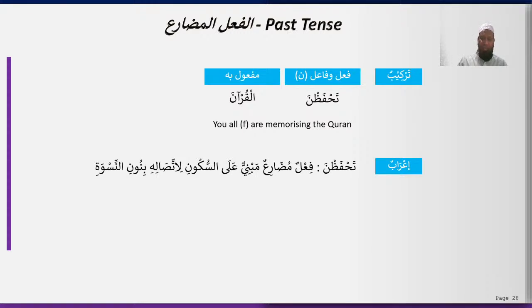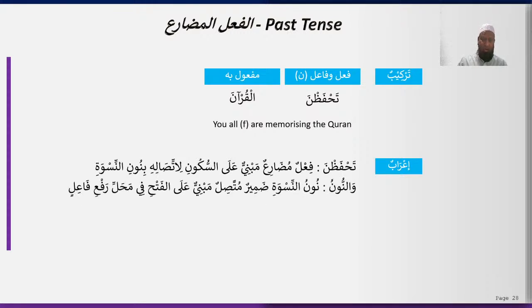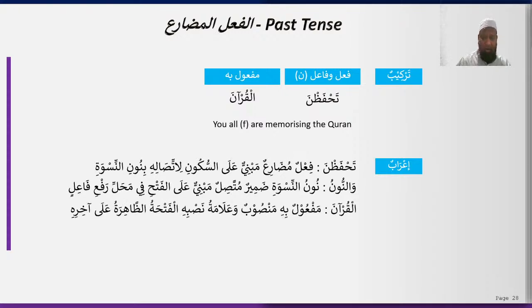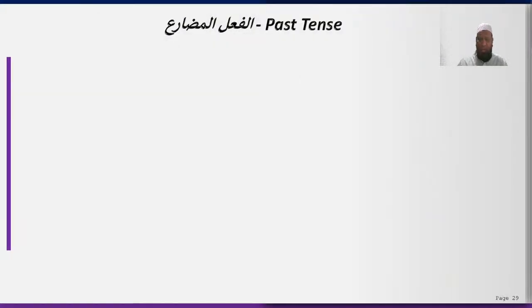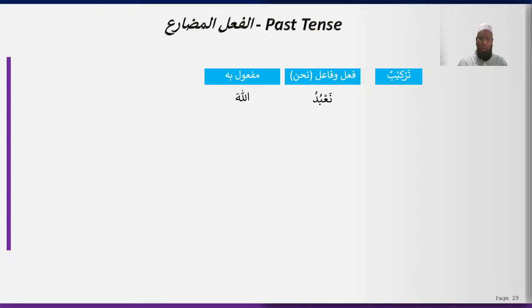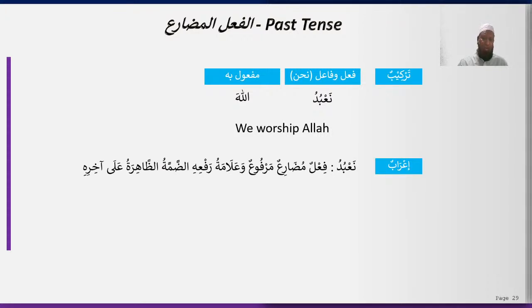تحفظن فعل مضارع مبني على السكون لاتصاله بنون النسوة. نون النسوة ضمير متصل مبني على الفتح في محل رفع فاعل. القرآن مفعول به منصوب وعلامة نصب الفتحة الظاهرة على آخره. We went through this, we learned this. I'm just going quickly. Next, نعبد الله, we worship Allah. إعراب نعبد: فعل مضارع مرفوع وعلامة رفعه الضمة الظاهرة على آخره والفاعل ضمير مستتر وجوبا تقديره نحن.